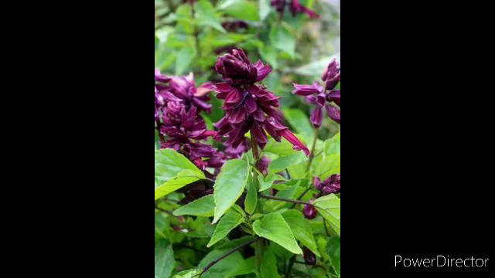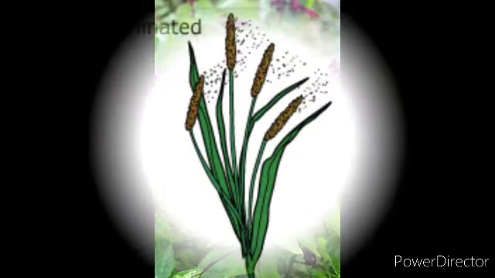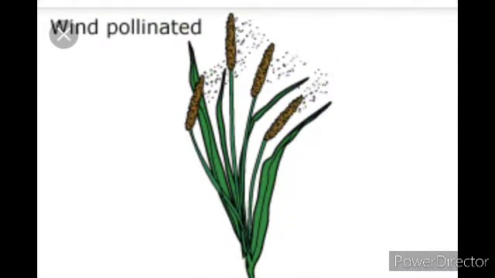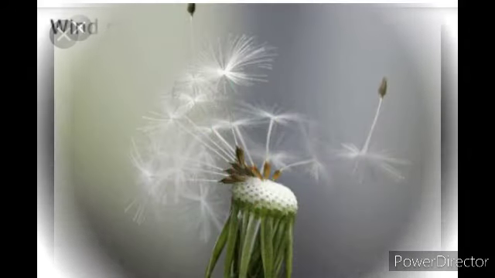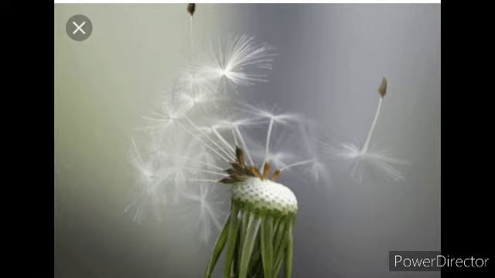The second type of agent which helps in cross-pollination is wind. When wind helps in cross-pollination, the pollination is called wind pollination.